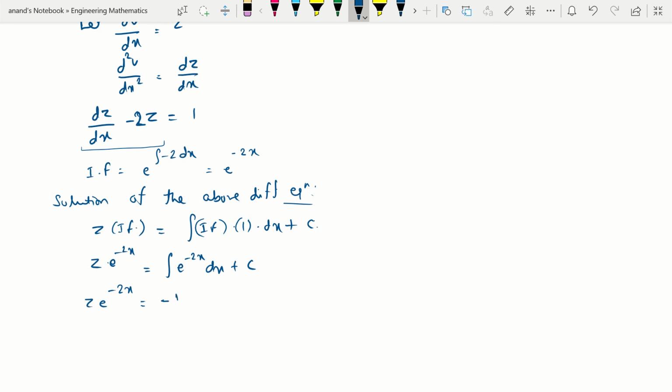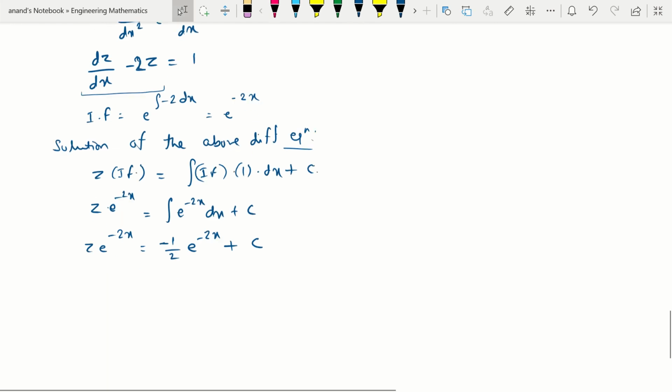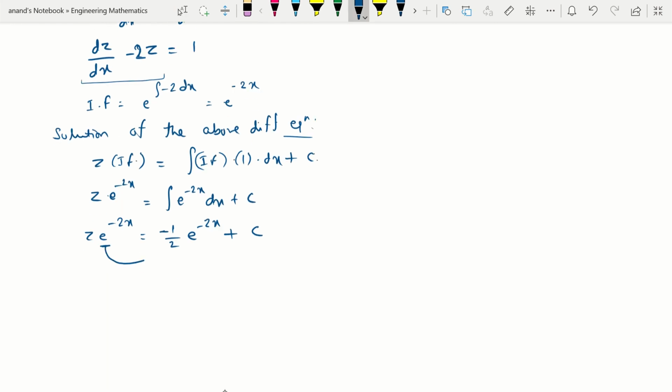The integration of e^(−2x) will be −1/2 e^(−2x) plus c. If I shift this e^(−2x) to the right hand side, we get −1/2 + c e^(2x), since the power is negative on the left hand side, so it becomes positive on the right hand side.